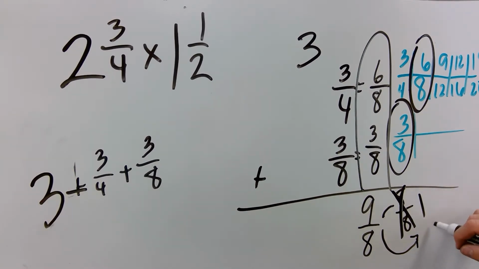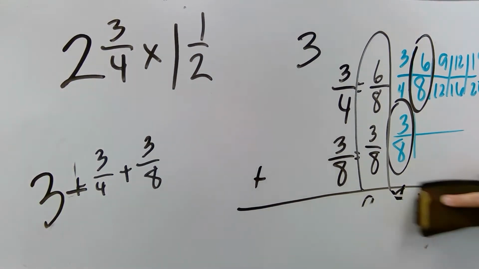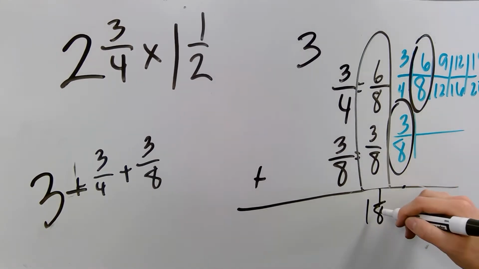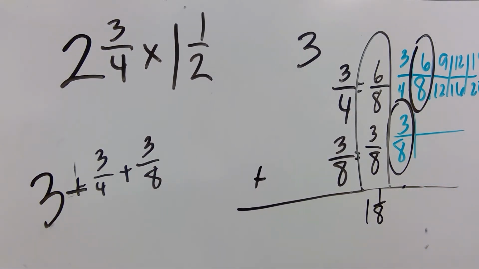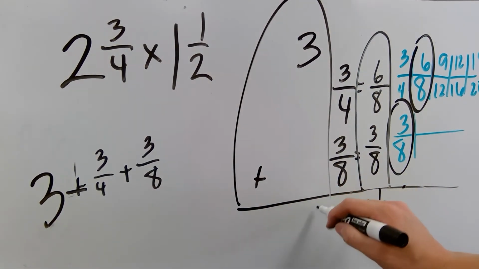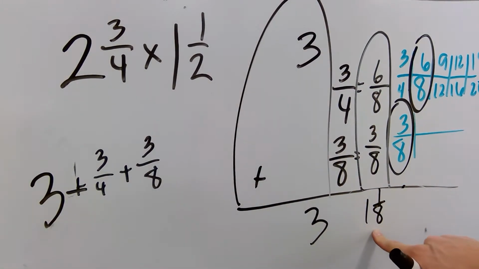So I had one whole and 1/8. So 9/8 really equals 1 and 1/8. Now I can bring in my 3 that I added in. So I have 3, and I have 1 and 1/8.